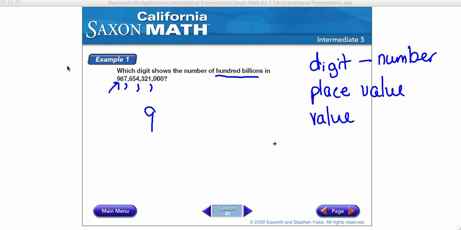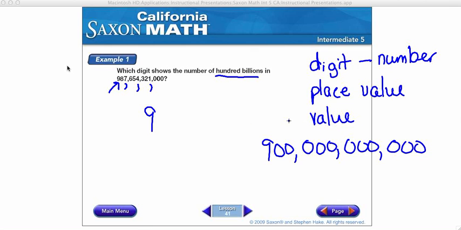Its value is 900 billion. Okay? All right, let's move on to example 2.